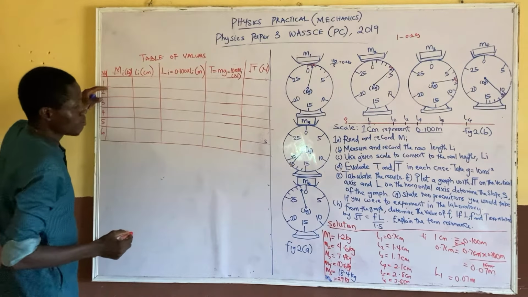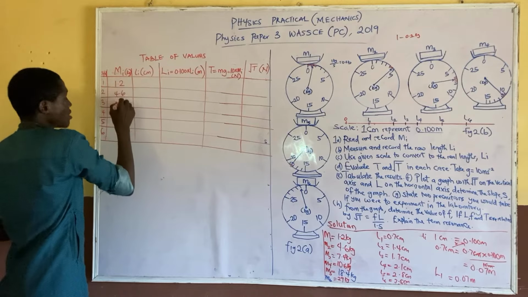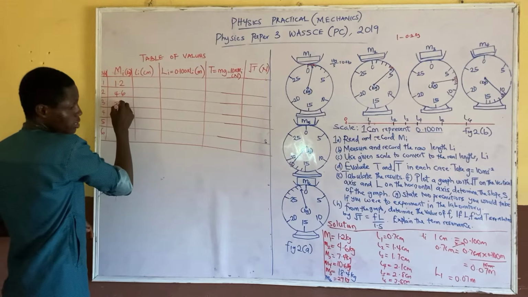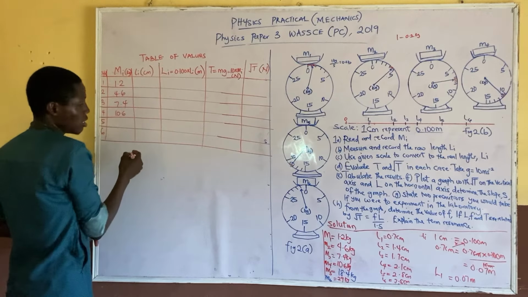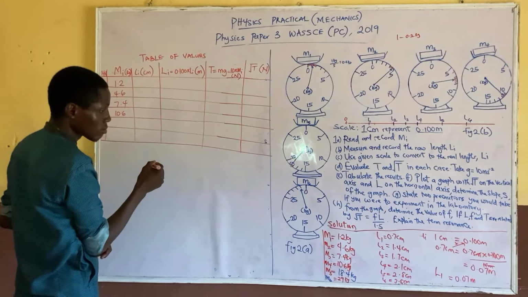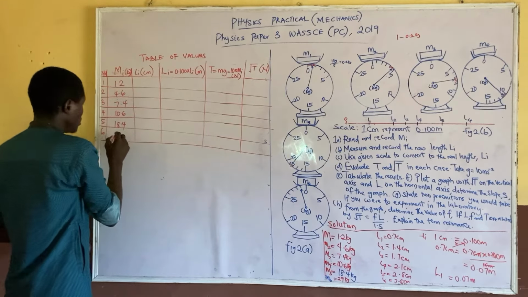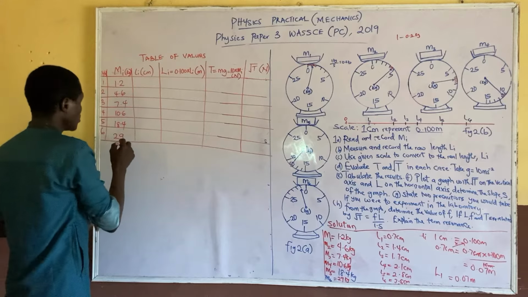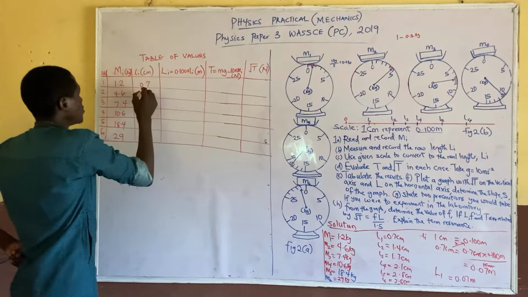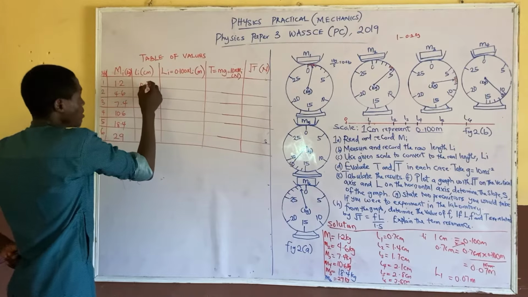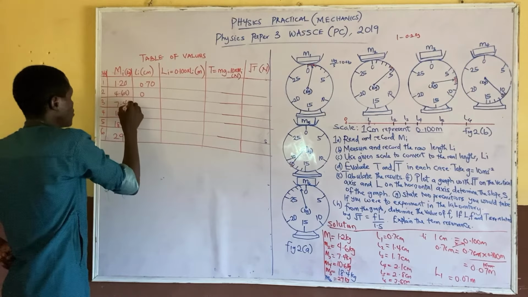So let's now import our values. This is 1.2, 4.6, 7.4, 10.6, 18.4, and the last one is 29, in kilogram. For the li, we have 0.7. Let's put it to 2 decimal place, adding zeros.